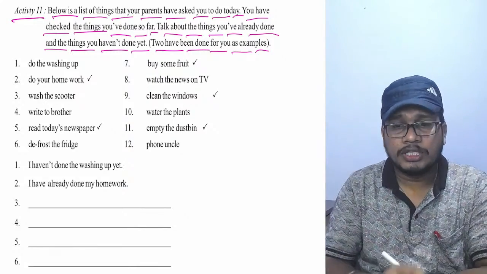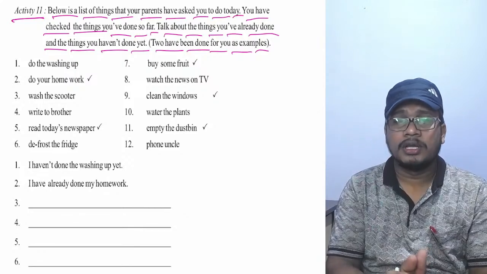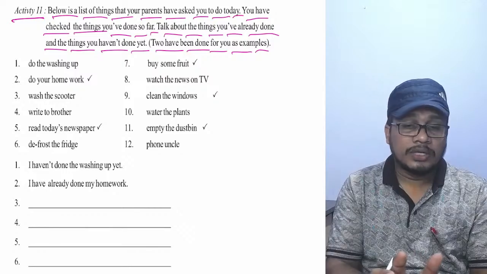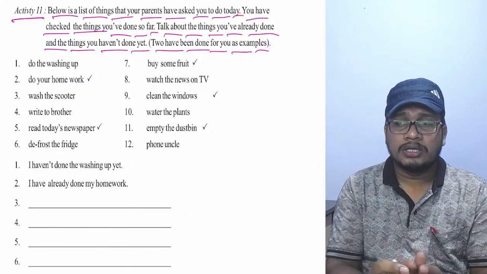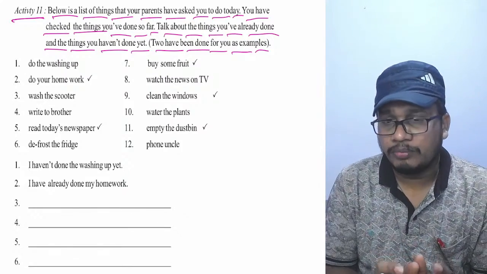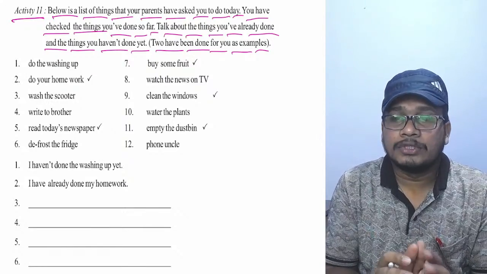Some assignments are given by your parents to do today. But when you check the list, you see that some of the assignments have already been done by you, and some haven't been done yet.